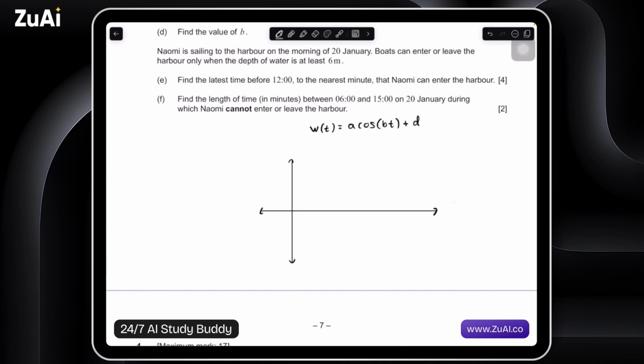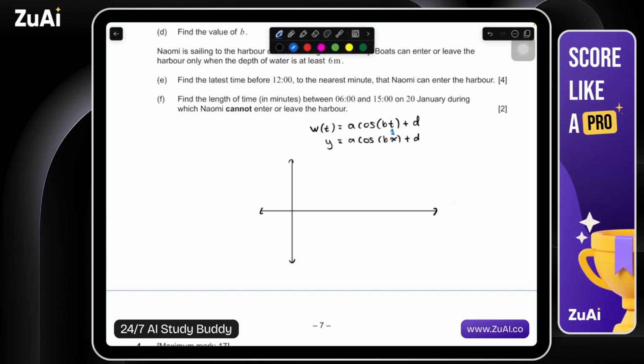If we wanted to, we could write it in general as y equals A cos B of x plus d. In this instance, t is just our variable, and the depth of water is just our y value, our output. So either case, we'll use w and t for this function itself.